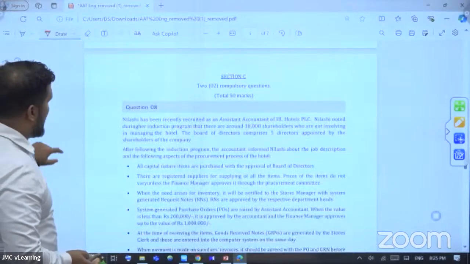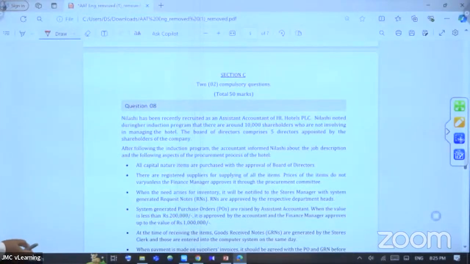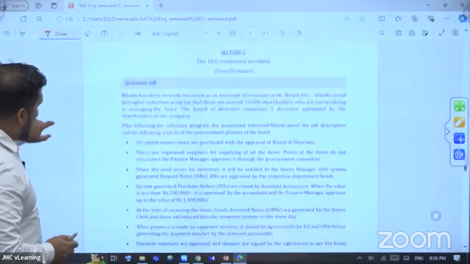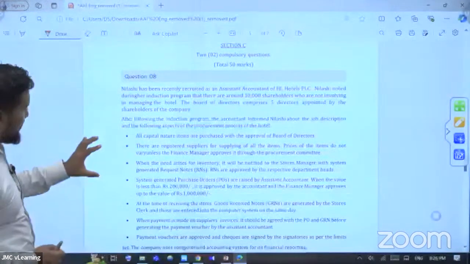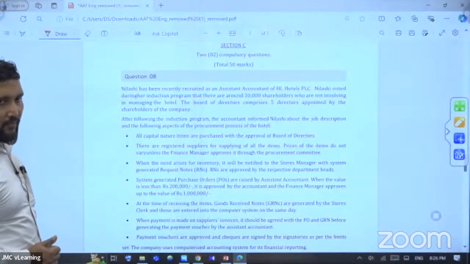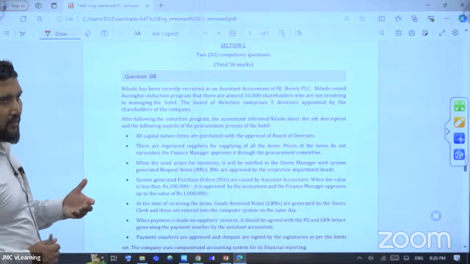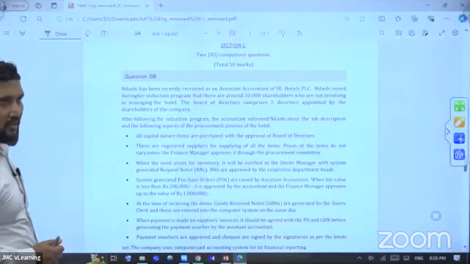Right. Okay. A typical question which might come from Section C. I have prepared this question the other way around. We always need to prepare ourselves for unexpected situations. That is the key.